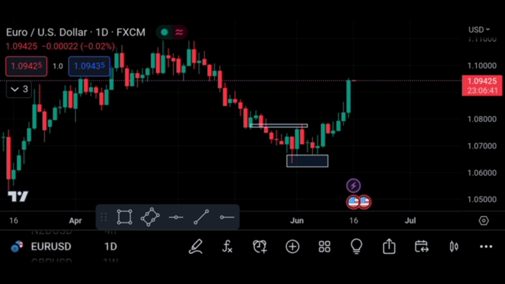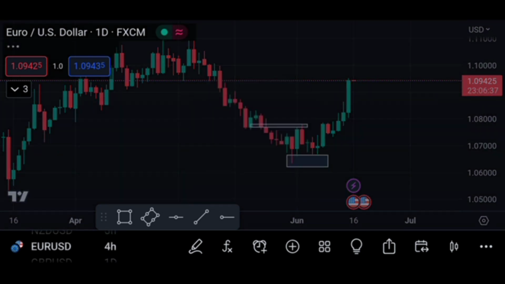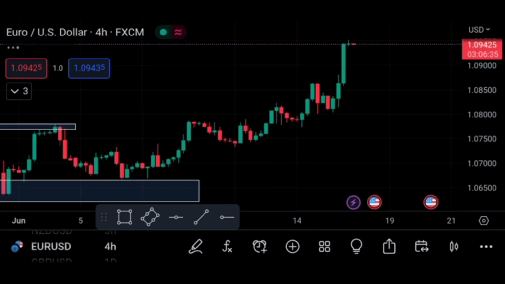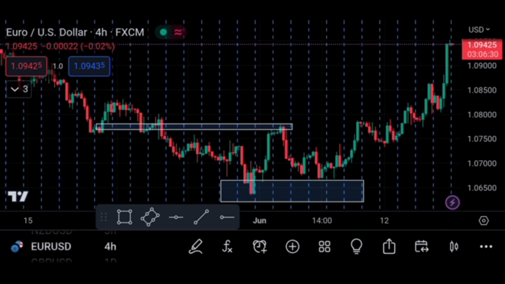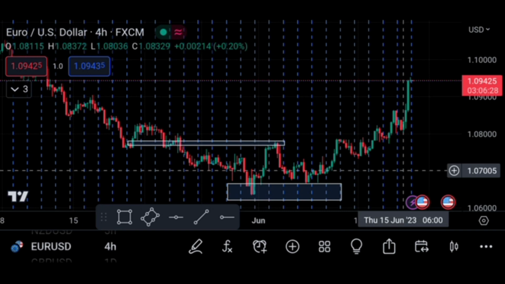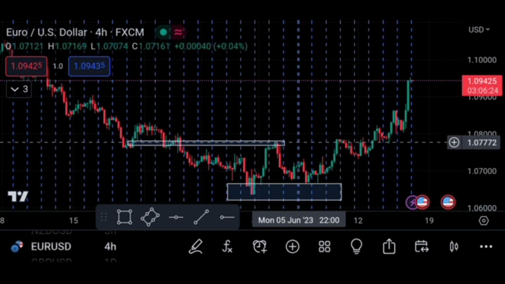Let's go to the 4H time frame so that you can see the zones properly. On the 4H time frame, you can see our zone here, our last lower high zone from the daily time frame.